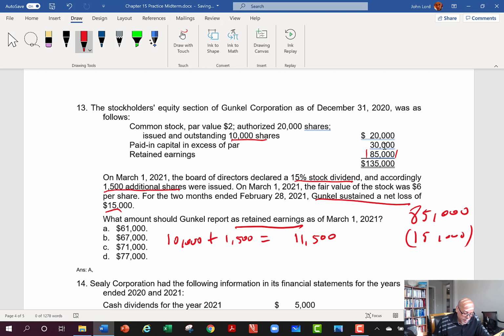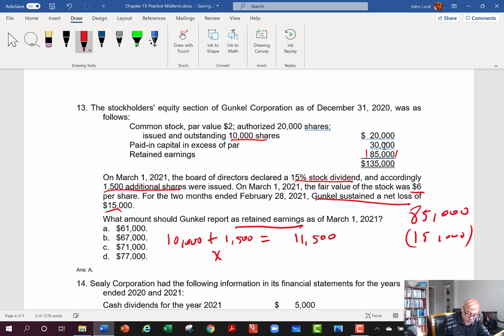And they tell me that the fair value of the stock was $6. Well, since the fair value of the stock is $6, I have to use that because this is a small stock dividend. I'm not sure why I calculated the 11.5 there, guys.